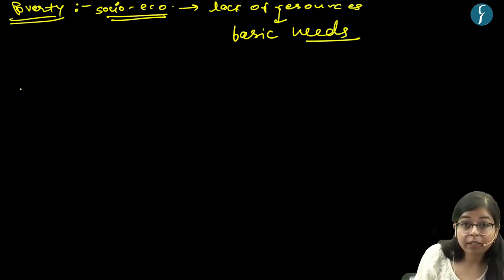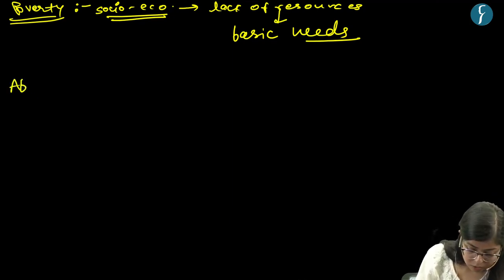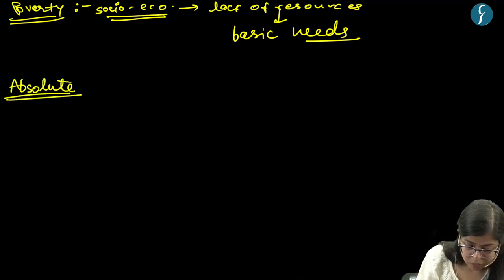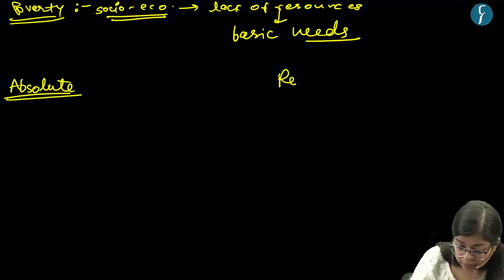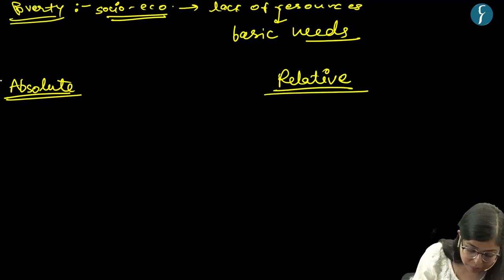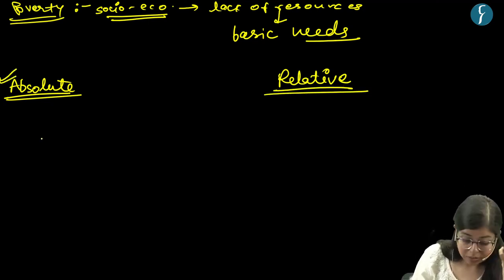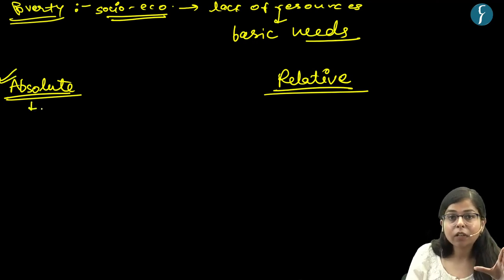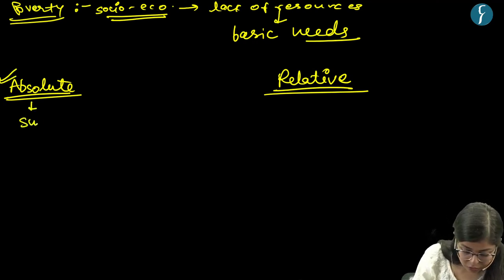Now, poverty can be defined in two terms. The first type of poverty is absolute poverty. The other type of poverty is relative poverty. Now, what is absolute poverty? As the name itself indicates, absolute. In this kind of poverty, there is a question of even survival, right?